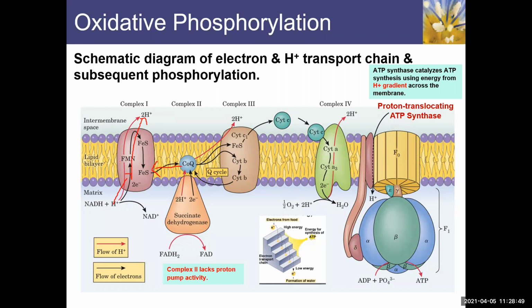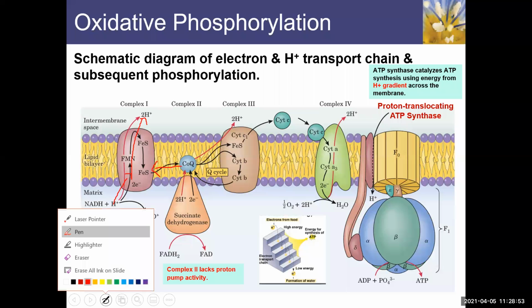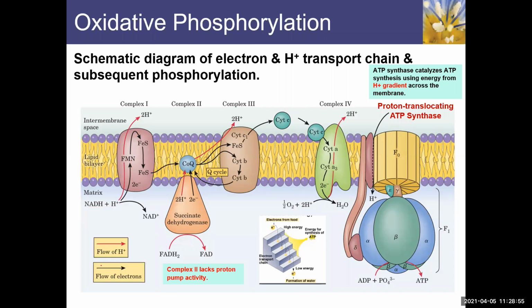So I had FMN. You don't have to go into the details of which part of complex 1 is going to accept the electron. I'm just telling you for your knowledge, it is the FMN which is going to accept the electron. It will further give this electron to the FES. I already explained what FES and FMN are; this is the flavin mononucleotide.